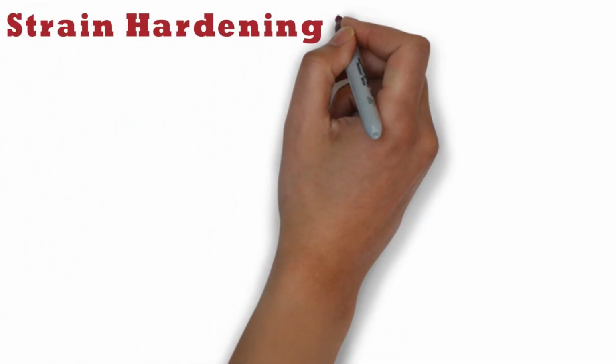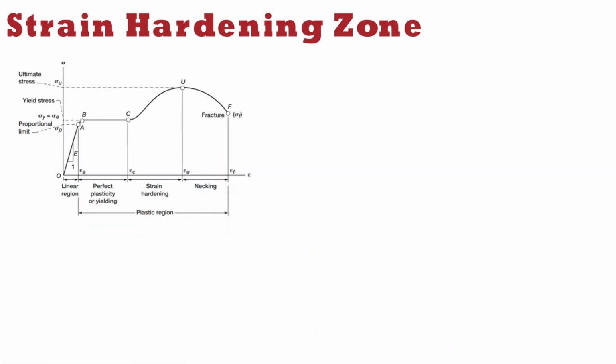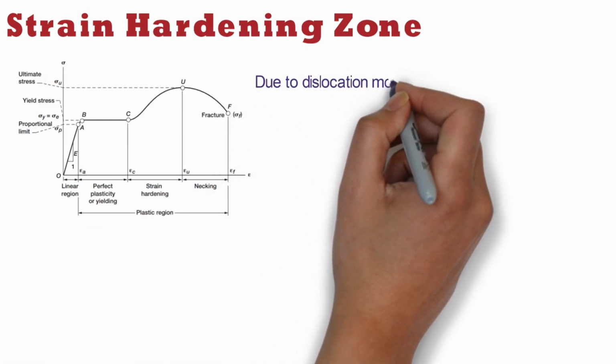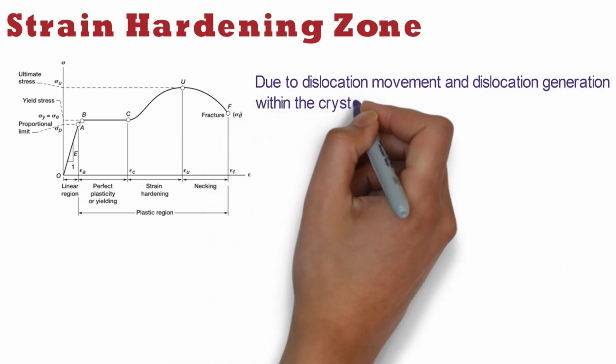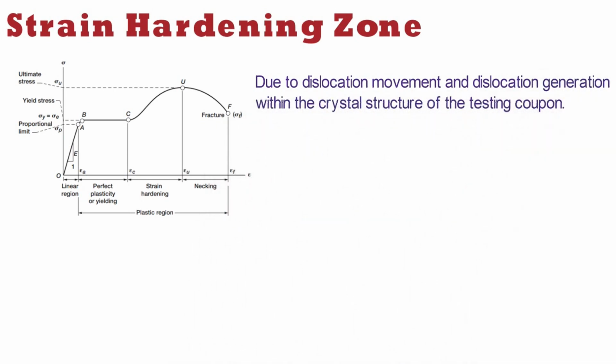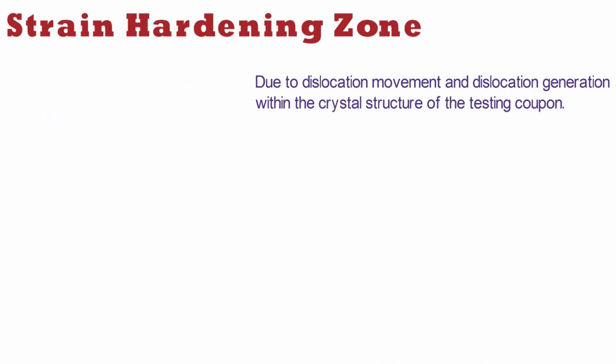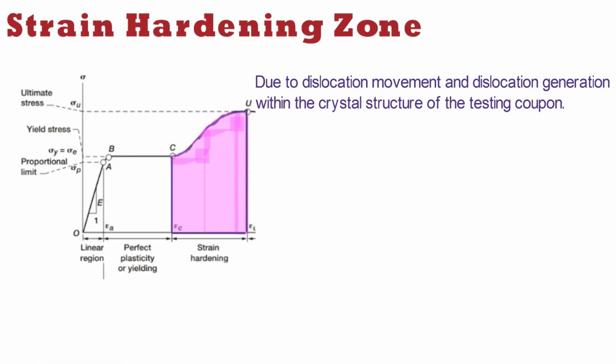Strain hardening zone. Due to dislocation movement and dislocation generation within the crystal structure of the testing coupon, the pink shaded region shows the strain hardening zone.